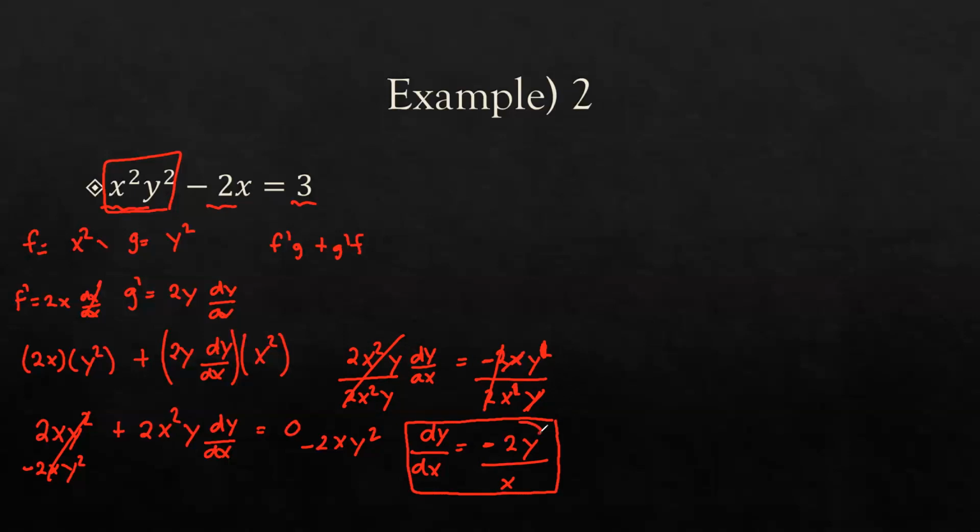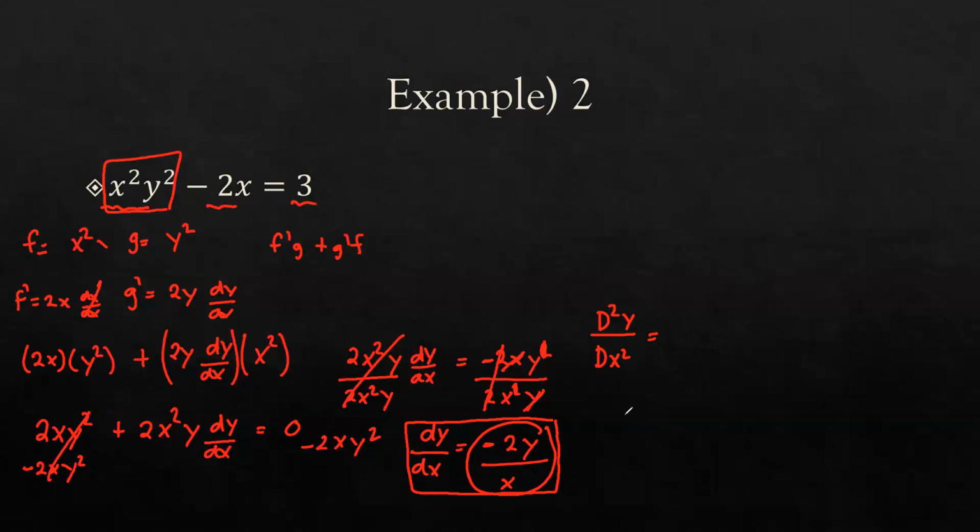So now we have to take the derivative of this again, right? So what's my f and my g? We're going to take the derivative of negative 2y over x with respect to x again. So we have to apply what's called the quotient rule.